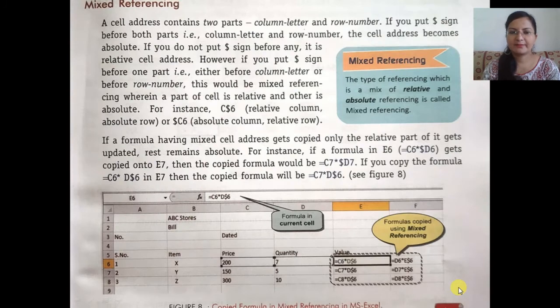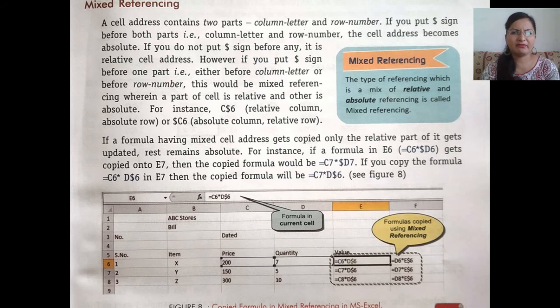Now mixed referencing. Mixed means a combination of both relative and absolute referencing. You can see the definition here. Either there will be a dollar symbol with the column letter, or there will be a dollar symbol with the row number. Got it?